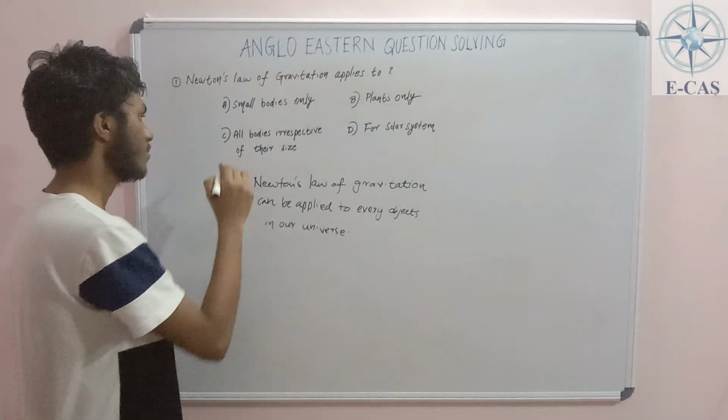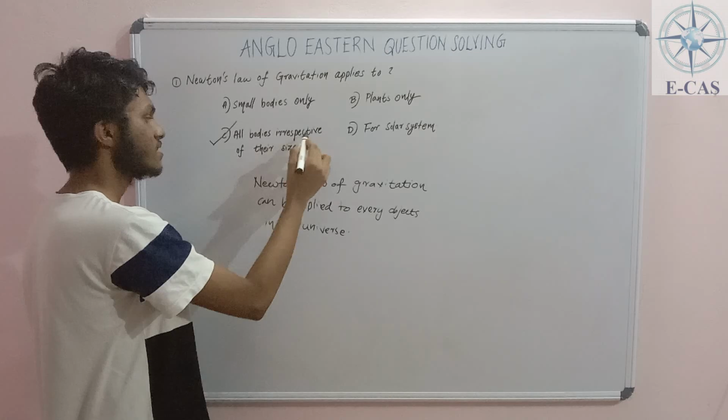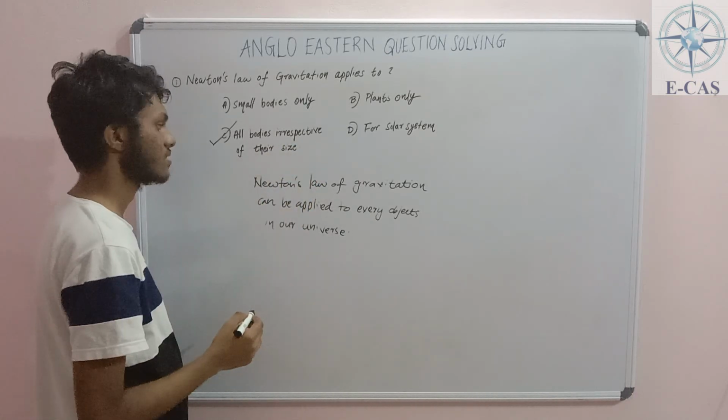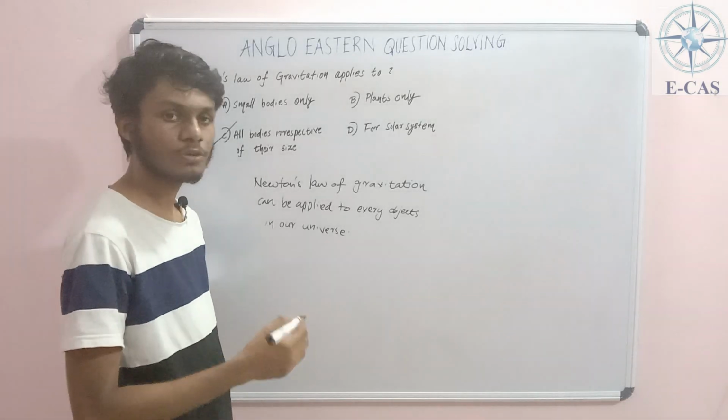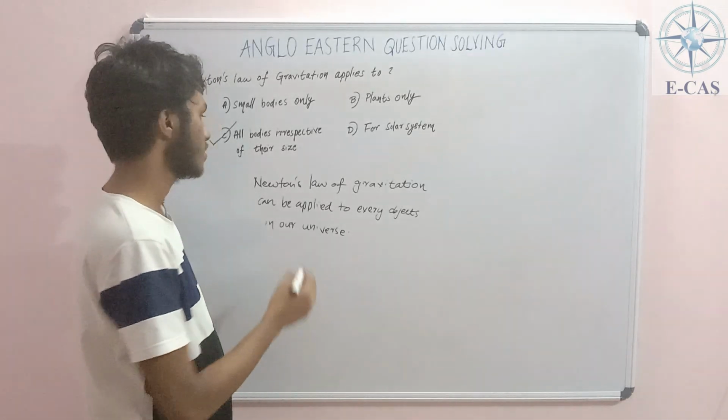So the answer becomes option C, all bodies irrespective of their size. It is because Newton's law of gravitation can be applied to every object in our universe.